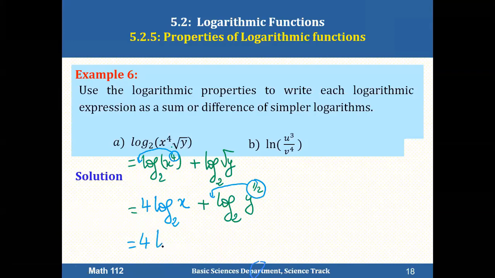It gives me 4 log base 2 of x plus half log base 2 of y.